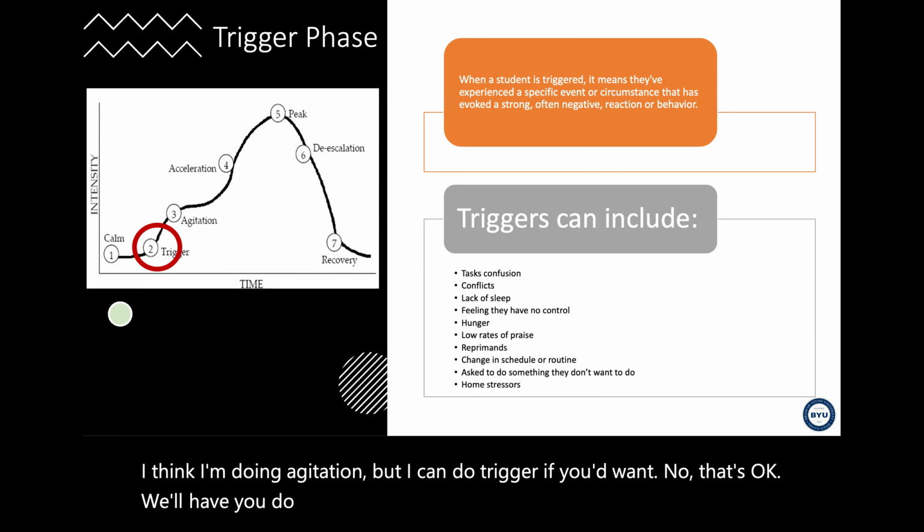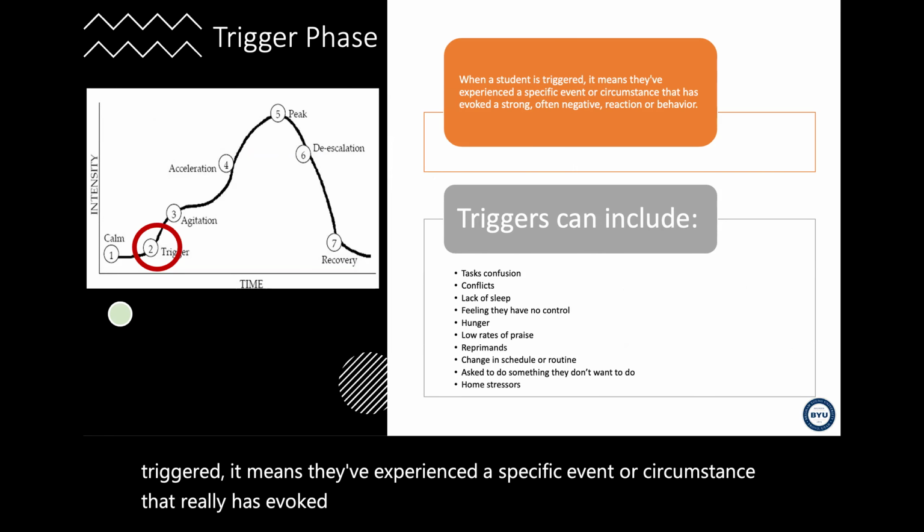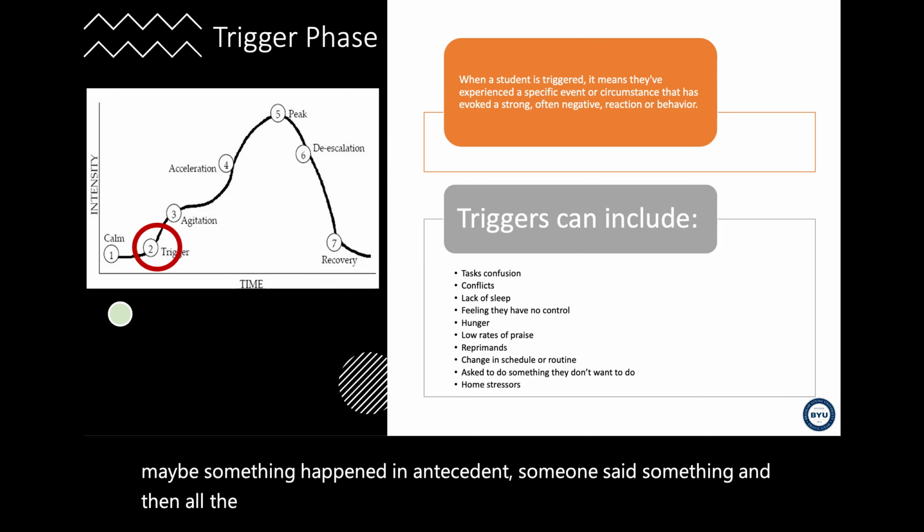Okay. So the trigger phase, when a student is triggered, it means they've experienced a specific event or circumstance that really has evoked a strong, often negative reaction or behavior. Okay. So maybe something happened, an antecedent, someone said something, and then all of a sudden this behavior occurs.